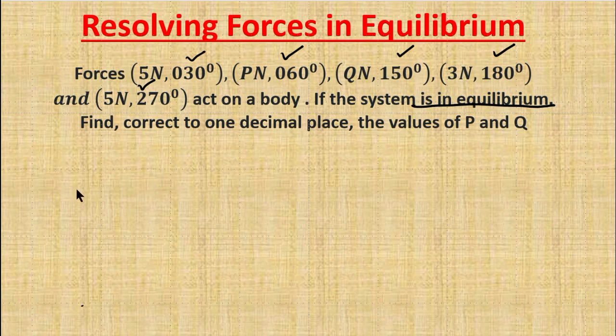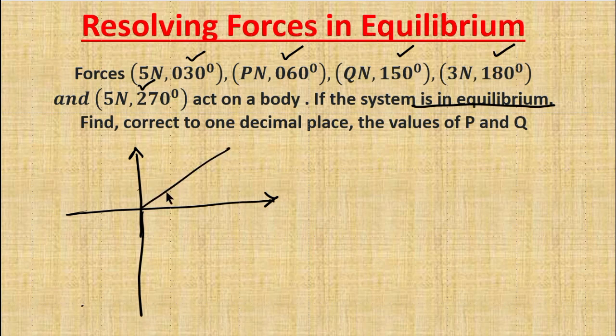First and foremost, I want to walk you through how I actually pick these forces and their respective angles. Now we'll be using the Cartesian coordinates, where I have my y-axis and also my x-axis. Now if my 5 Newton is at 30 degrees, I'll pick it 30 degrees to the x-axis. Here is 30 degrees.